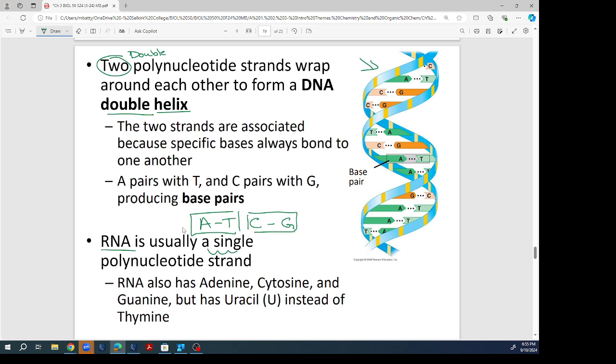It's also a single polynucleotide, so it doesn't have this double helix structure, and it has one different nitrogenous base. It has a U instead of a T. And so, they're definitely linked. They work together. There are definitely similarities, but there are some differences between DNA and RNA.